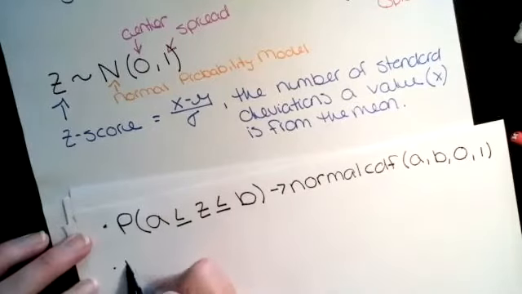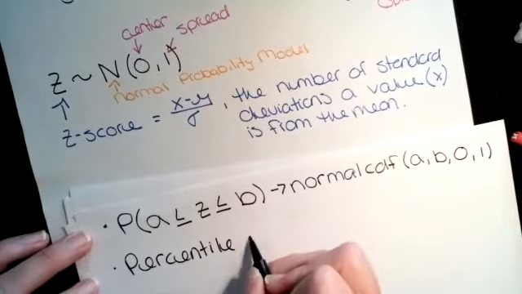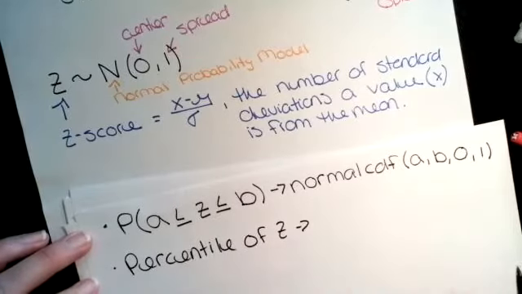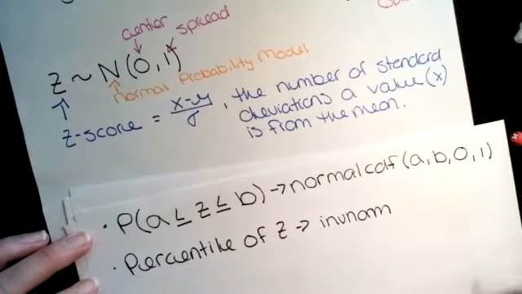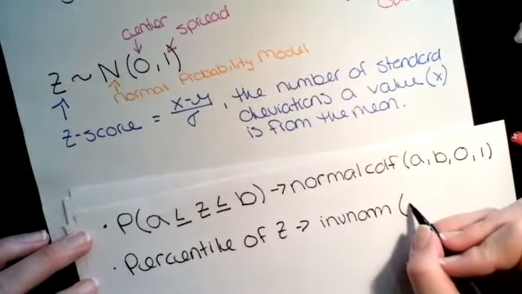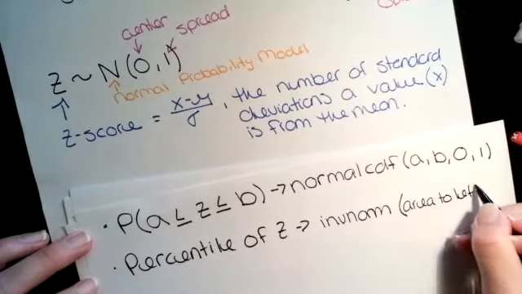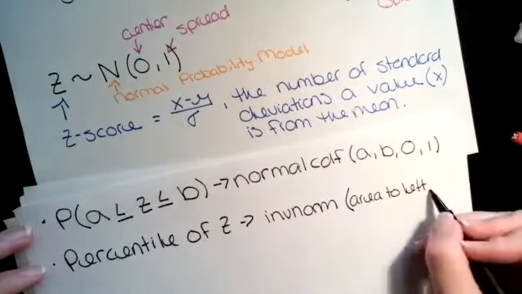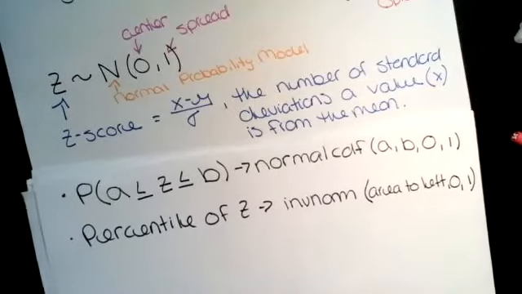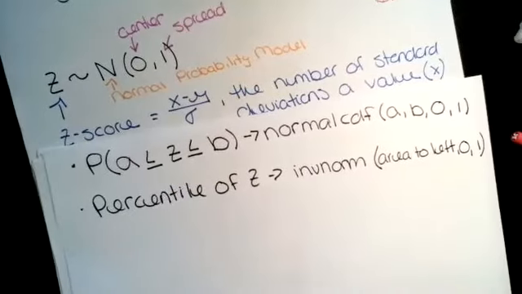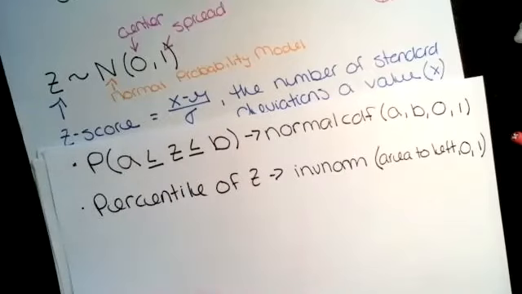We also have the percentile. So if we're looking at the percentile of Z, same thing again as last class, invNorm calculator function. And you're going to put in the area to the left of the data value you're interested in. And again, center, 0, spread, 1. So this is what you're looking at when we have our calculator functions, and this is how you write it out.